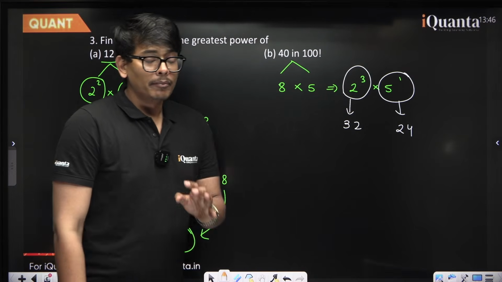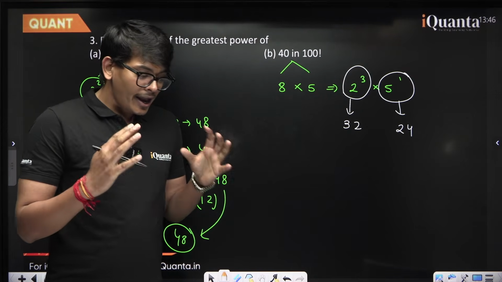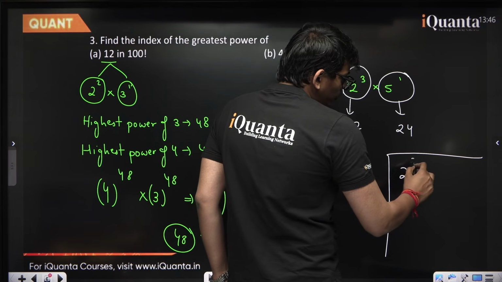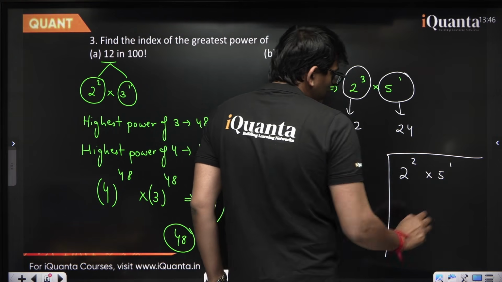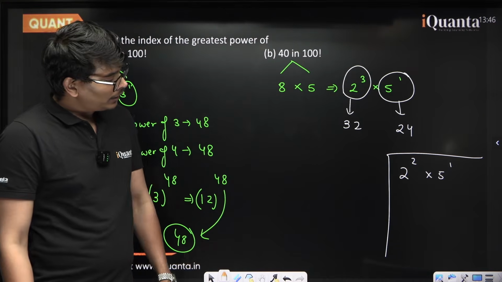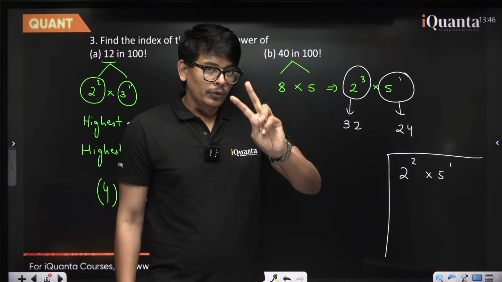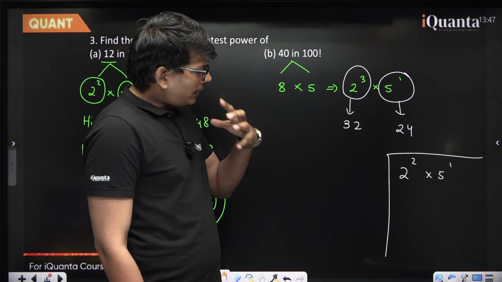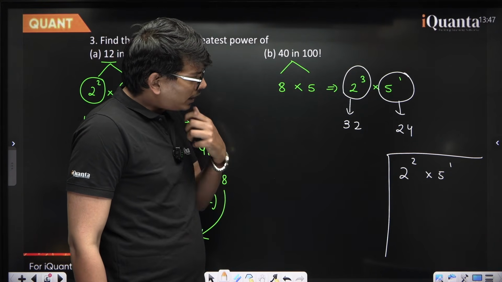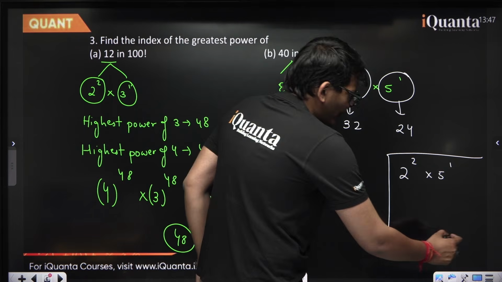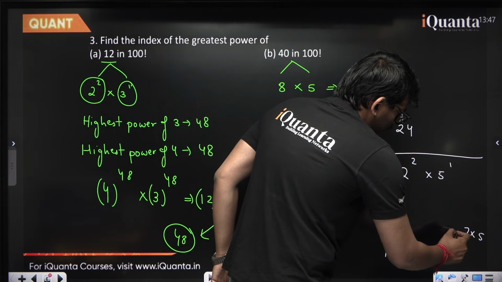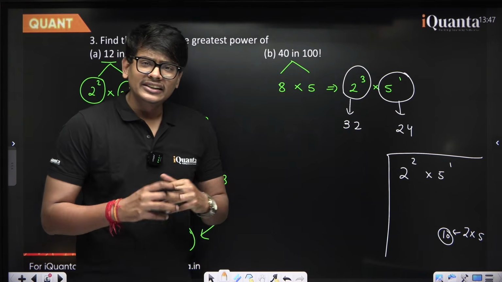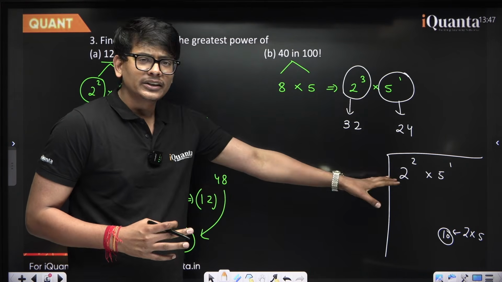Now guys, remember one thing. If I take one example, suppose I have 2 square and the power of 5 is 1. I have the power of 2 as 2 and the power of 5 as 1, right? Now, if I observe this particular part, the question says, suppose how many zeros are in the end of this particular number?